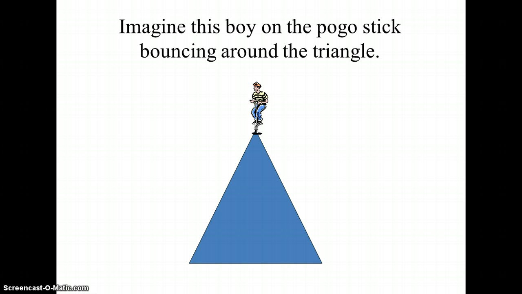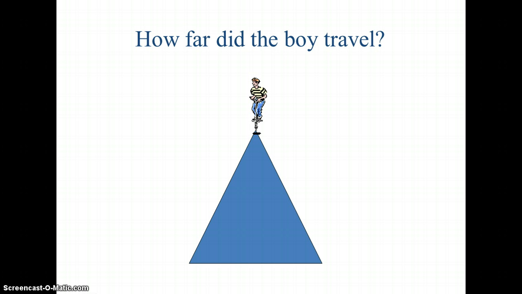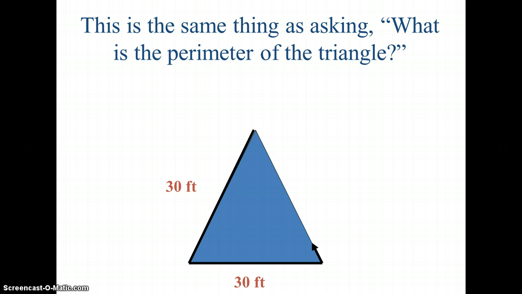I can imagine this boy on the pogo stick bouncing around the triangle. And then ask myself, how far did the boy travel? That's the same thing as asking, what is the perimeter of the triangle? In this case, each side of the triangle is 30 feet.